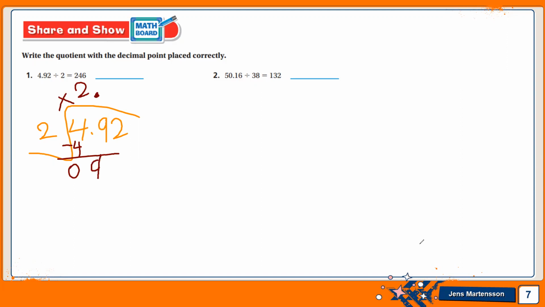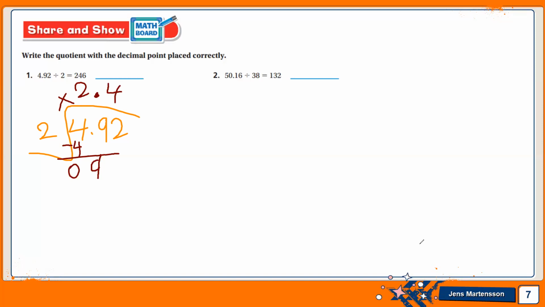Now 9 divided by 2. So what is the number that is less than 9? 8, which is 2 times 4, which 4 times 2 is 8.